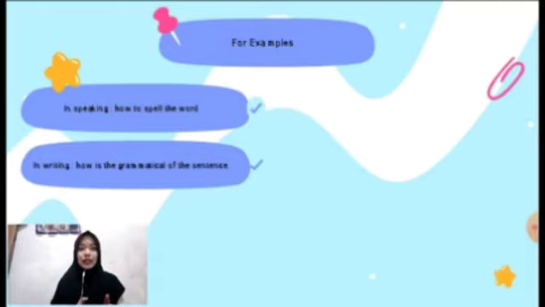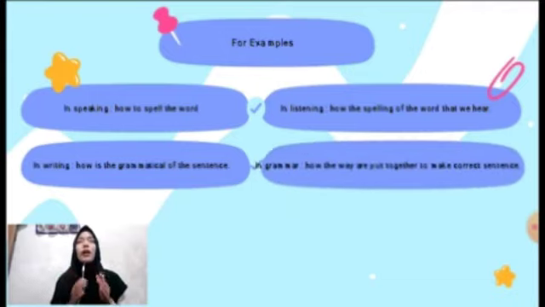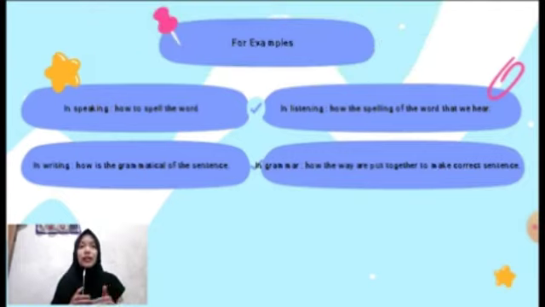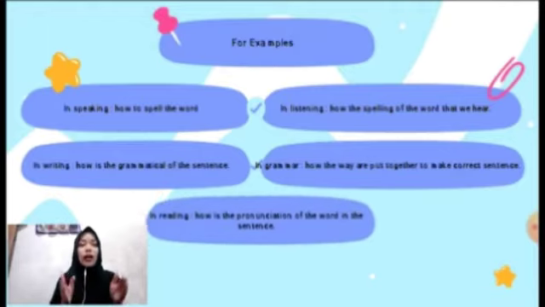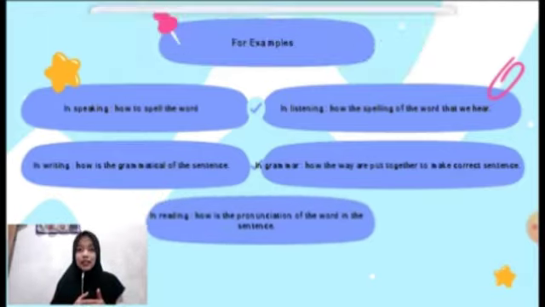And then in listening, how the spelling of the word that we hear. In grammar, how the words are put together to make a correct sentence. And the last, in reading, how is the pronunciation of the word in the sentence.